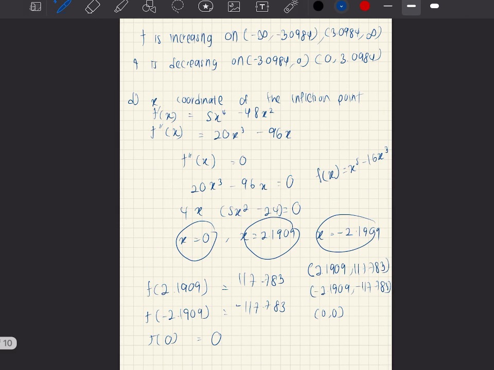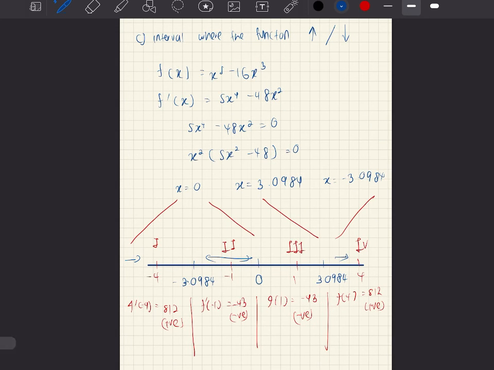And the last question asks us to find the local minima and local maxima. If you want to find the local minima and local maxima, we can find them from the number line that we did. If the line goes like this, surely it will be a local max.